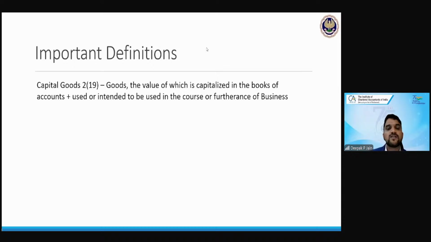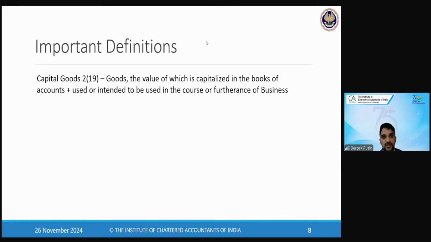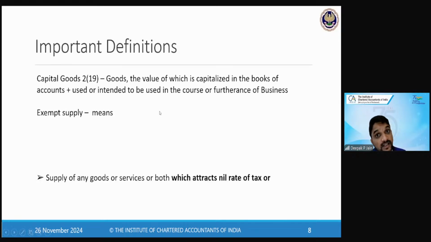Okay, so then we understood the various definitions. What is goods? What is capital goods? Capital goods means goods, the value of which is capitalized in the books of accounts and which is used or intended to be used in the course or furtherance of business. Then we understood what is exempt supply.